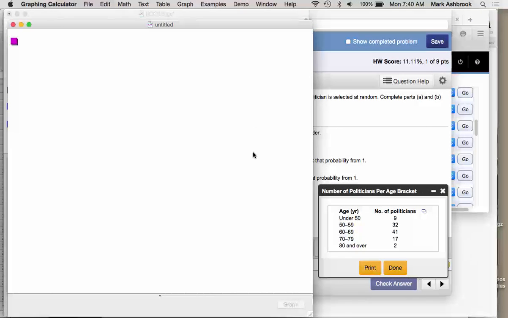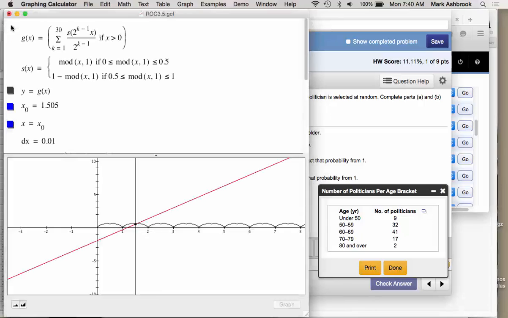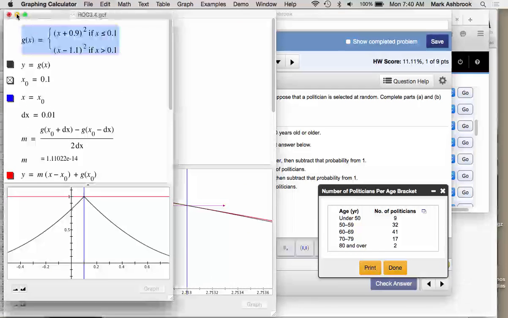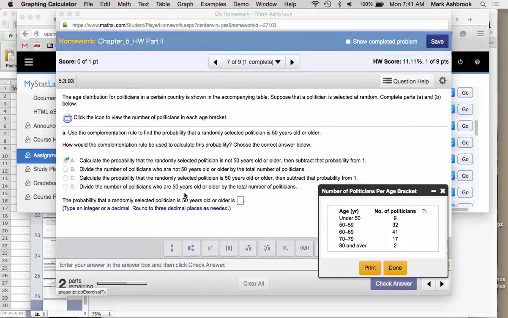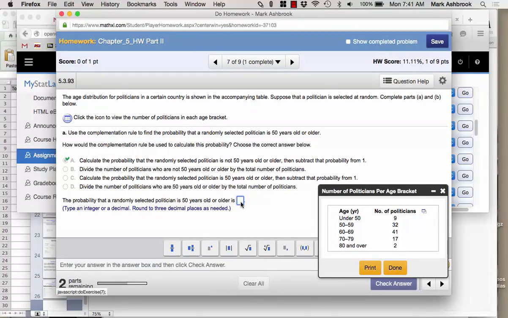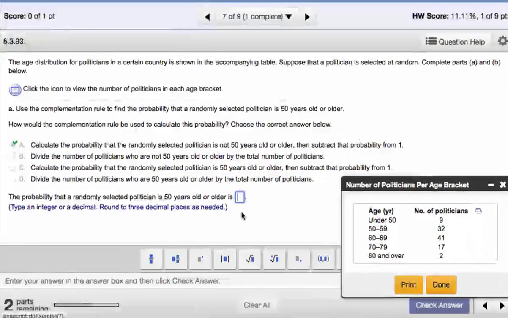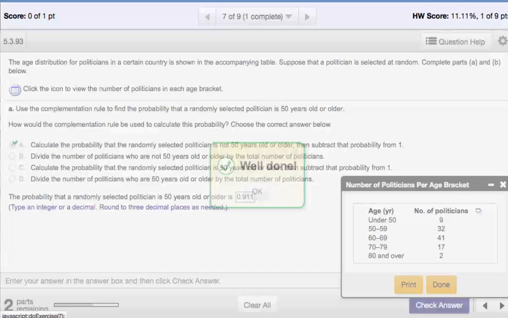Anyone got it? So 1 minus, which is 911. Good. Okay.